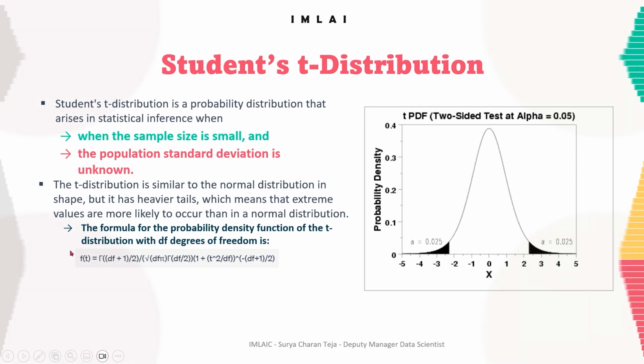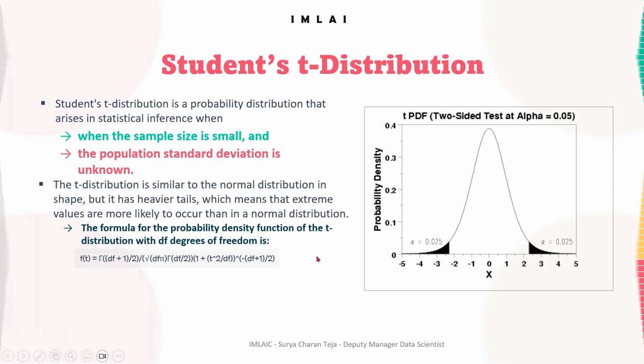And this is the probability density function of the t distribution. You get the gamma of (df plus 1) divided by 2, whole divided by the square root of df pi, and gamma of df by 2, multiplied by the remaining function.